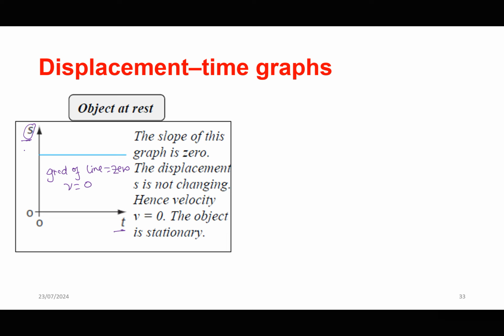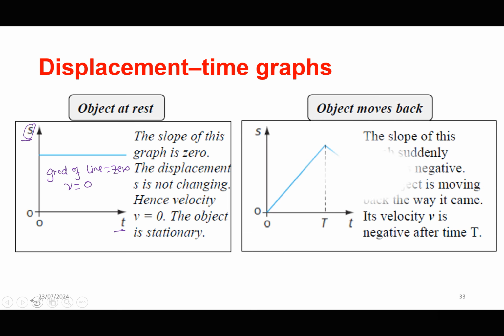Okay, we can also have a situation where the object moves and then returns to its original position, or it moves backwards. In that case, remember we said the gradient should change sign from positive to negative. So let's consider a situation where the object moves backwards.